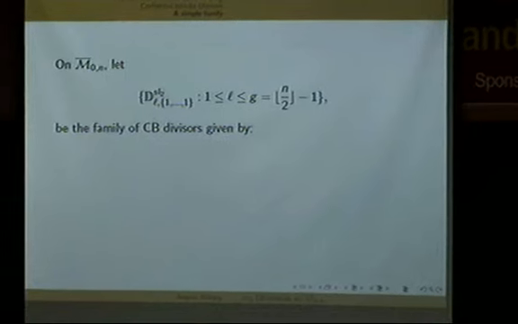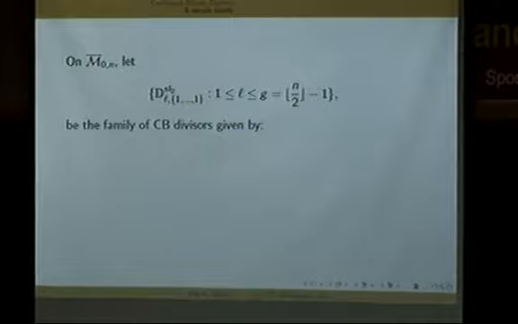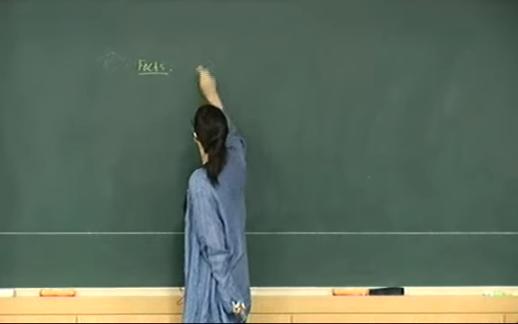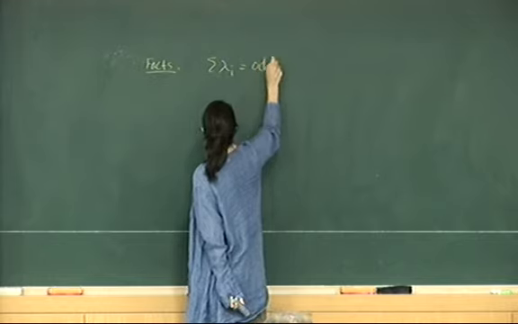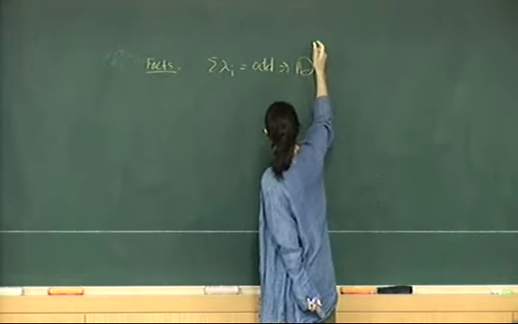So what is this g? One of the things I may have glossed over, one of the facts proved by Fakhruddin, which I think is on the next slide, is that if the sum of the weights lambda i is odd, then the vector bundle is 0. So the divisor is 0.